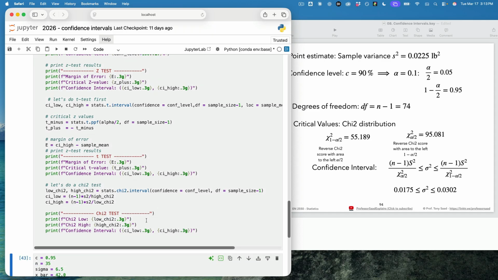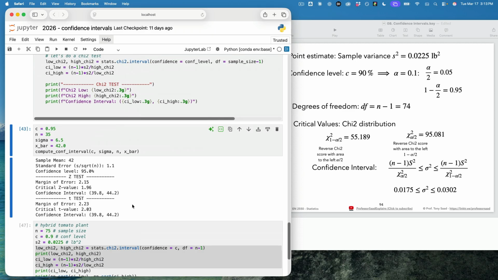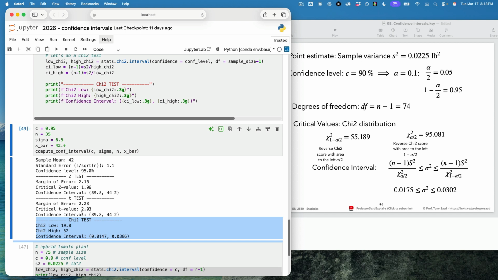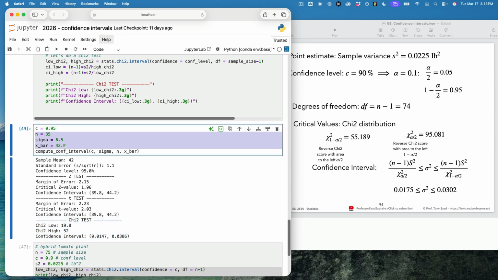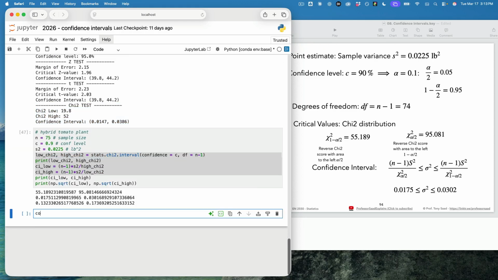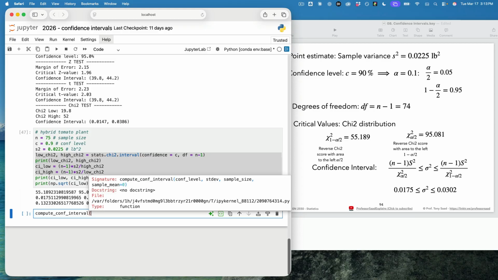So now I can run this test. I can run this again on all of these tests. Look, it gave me a chi-squared test here, although that's not the question I'm asking for this problem. So I don't have to pick the answer over here. Neither for this problem, but for this one, compute confidence interval.